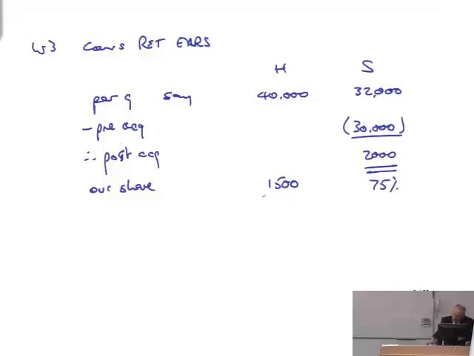So H's own 40,000, and H's share, 75%, of S post-acquisition retained gives me 41,500.